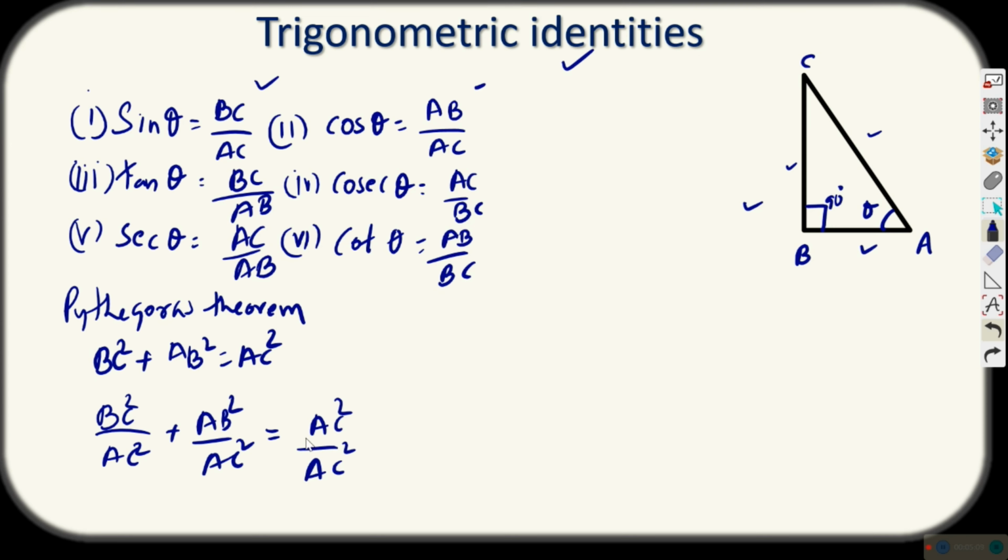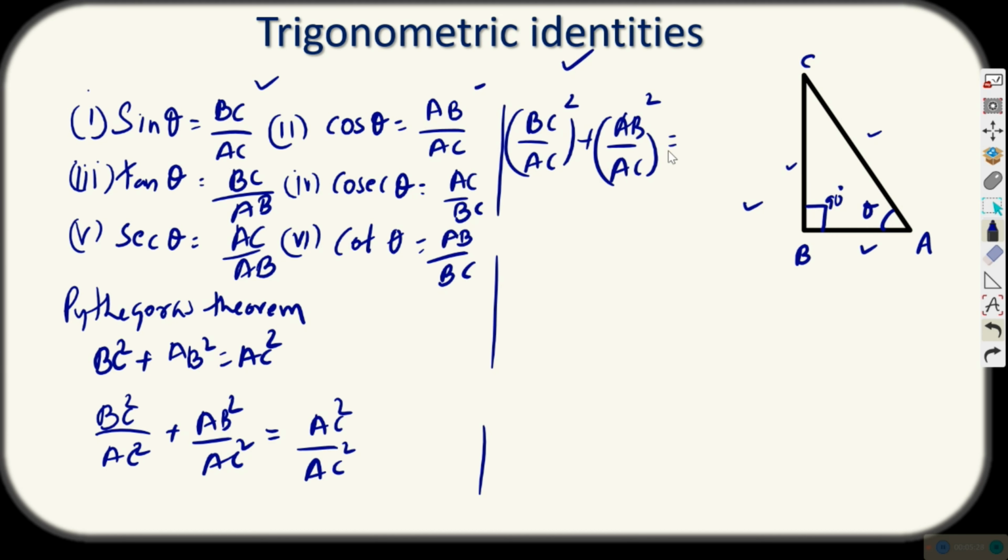It is just like we are having a new equation now. BC square upon AC square can be written as BC upon AC whole square, plus AB upon AC whole square, is equal to AC square upon AC square. I am writing 1 because it is cancelable.